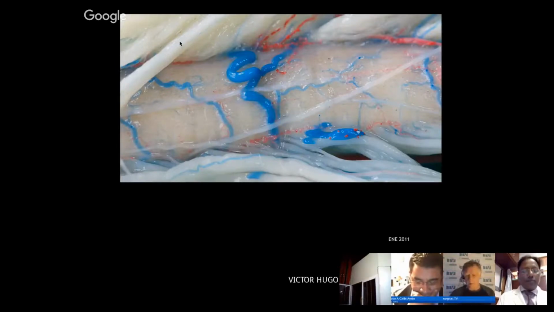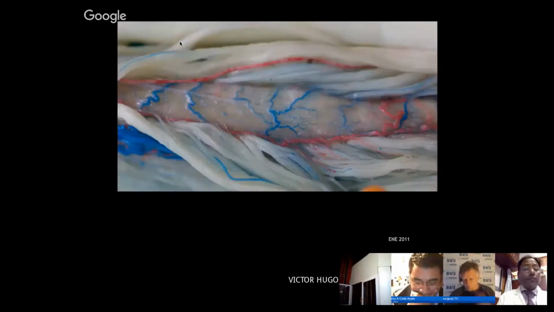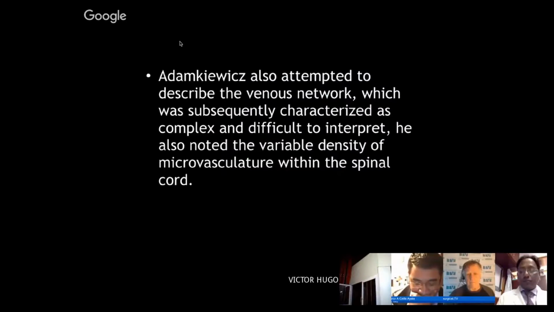Okay, let's go to show more photographs about the lateral aspect of this human spinal cord. Adamkiewicz also attempted to describe the venous network, which was subsequently characterized as complex and difficult to interpret.